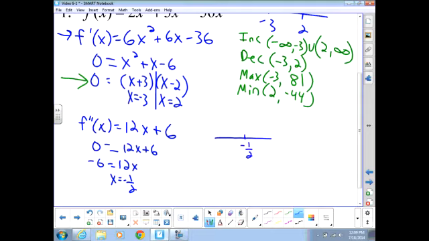Something to the left is like negative 10 million. When we plug it in here, we'll have negative 120 million plus 6, which is negative. Plug in something easy like 0, you'll get back a positive. So we are going to be concave down from negative infinity to negative 1/2, and concave up from negative 1/2 to infinity.